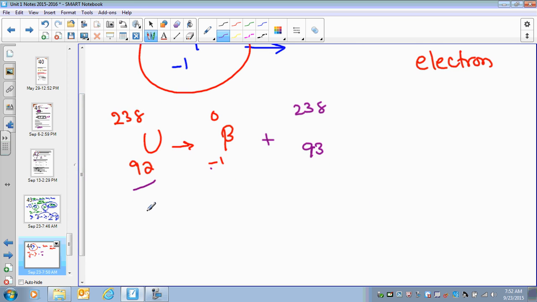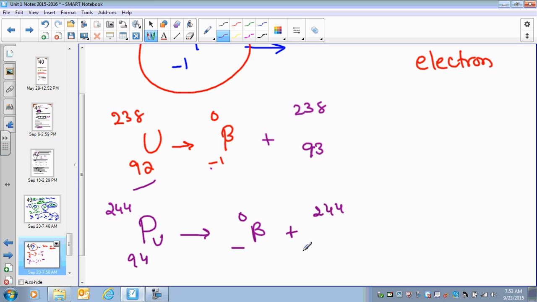Let's take another example, maybe plutonium. I have Pu 94, and its mass is 244. If it gives out a beta particle, the mass will not change. It's 244, but this one will go one number up from 94.